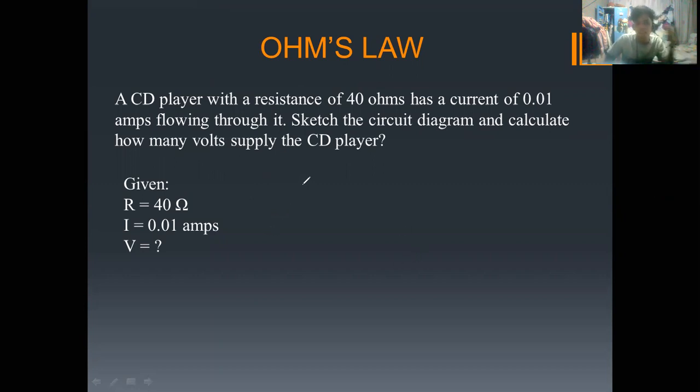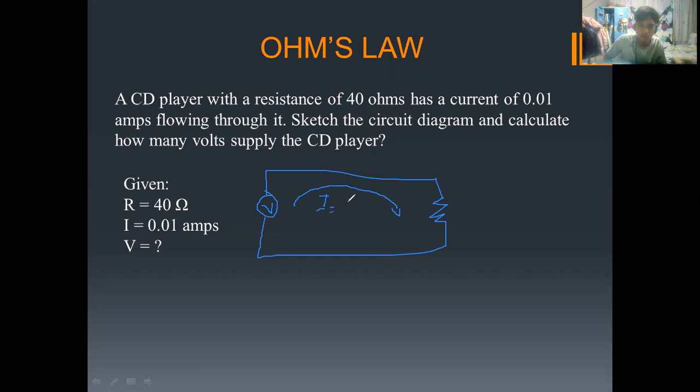So, meron tayong volts dito, tapos yung resistance natin dito, tapos yung flow ng current is ganyan, is equal to 0.01 amp. Tapos resistance equal to 40 ohms.